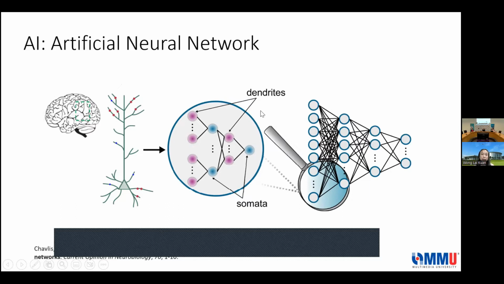So what the computer system is trying to mimic is to come up with a structure that mimics, for example, the soma, the body cell of the neuron, and the dendrites, the connections, into an information processing network that looks something like this, and it can then learn from the data given to it.